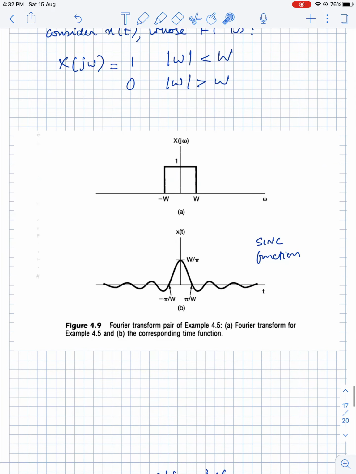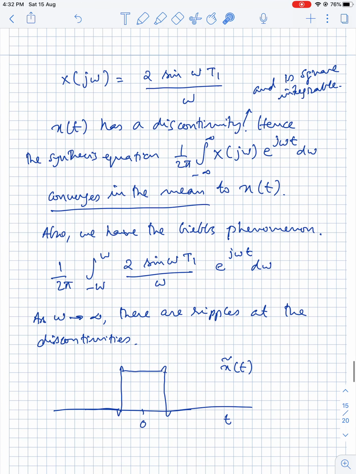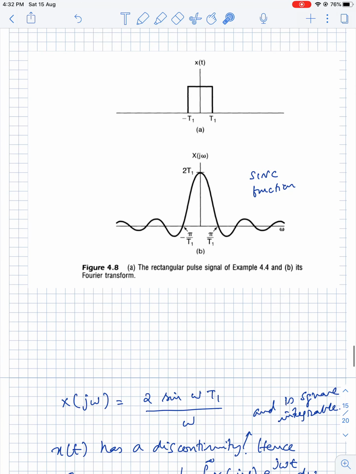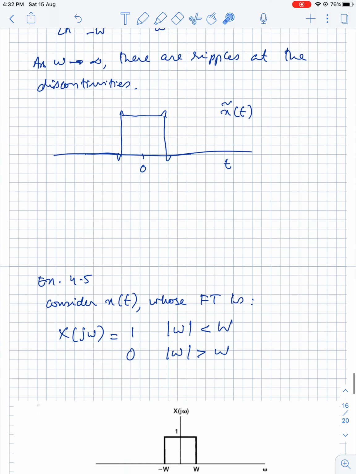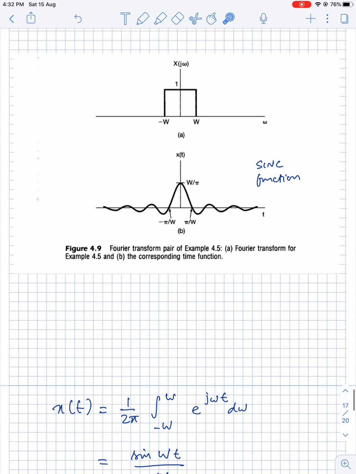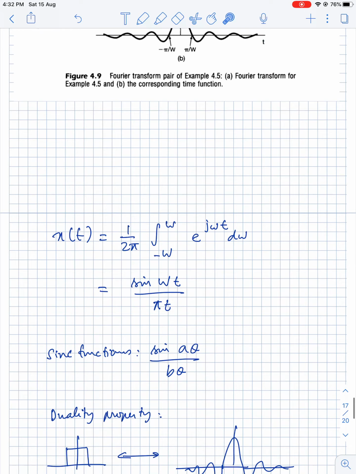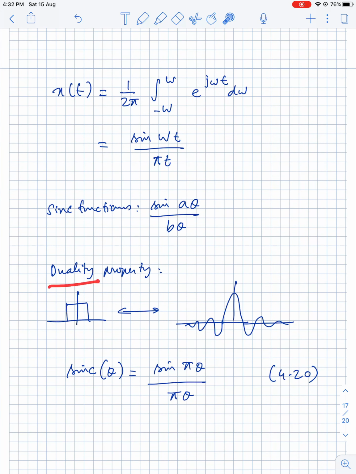Again, this is even and real. So the Fourier transform of this will also be real and even. This comes from the Fourier transform property. And again, you get the same kind of sinc function which you have here. Essentially, this is what is known as the duality property.